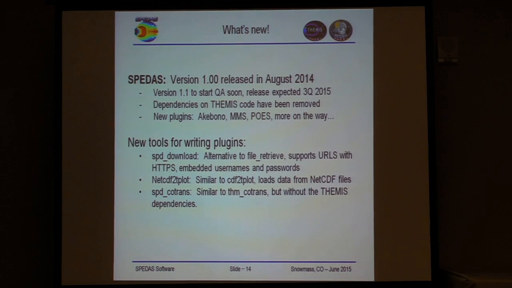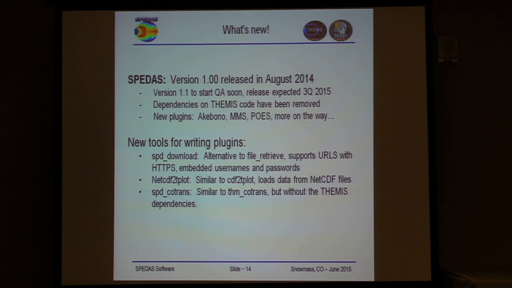It was called a FEMIS code trans routine that handles some of our specific coordinate systems that we're concerned with, but probably others are not so interested. So I think by now we've completely removed all vestiges of FEMIS code. I'm pretty sure at this point you could actually remove the FEMIS plugin, get rid of all that code, and SPEDAS will work just fine, and everything will still work.